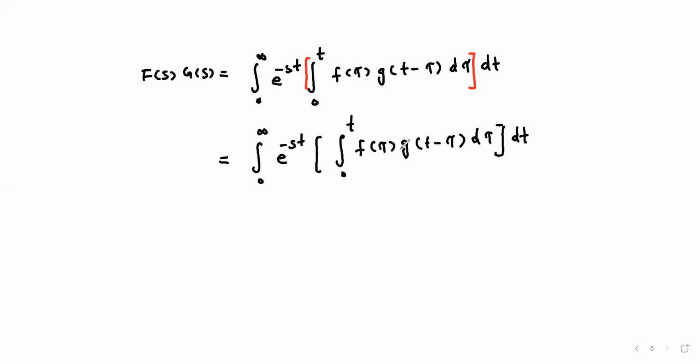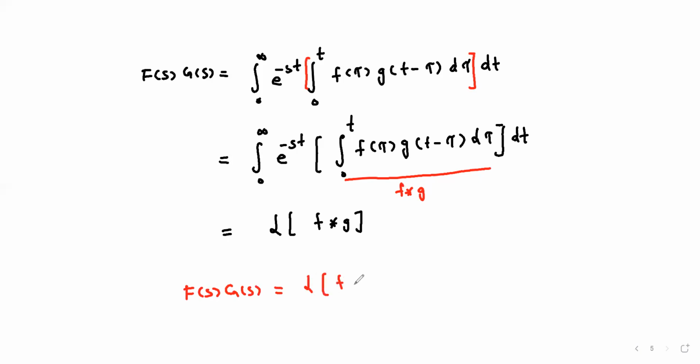Okay, and this is called the Laplace transform of f star g, because in the place of f of t, this whole is our f star g. So this is the Laplace transform of two piecewise continuous functions, which is equal to Laplace of f star g.